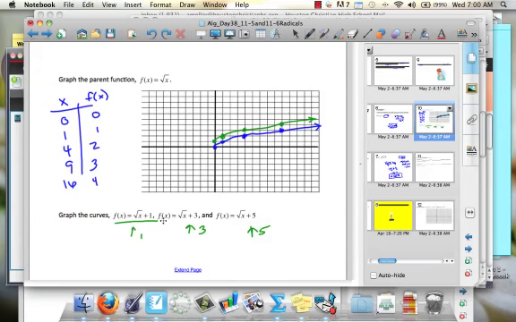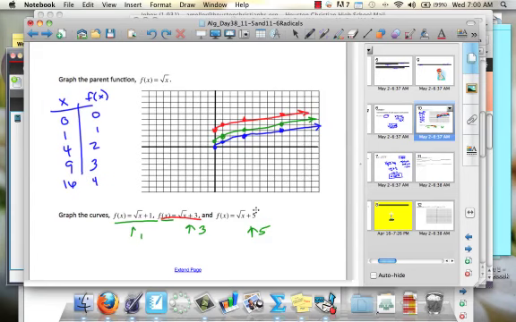The next one, let's see, different color. How about this one? All right, plus 3. So I'm going to take my parent function and add 3. 1, 2, 3. Parent function up 3. And then I'm going to graph it.